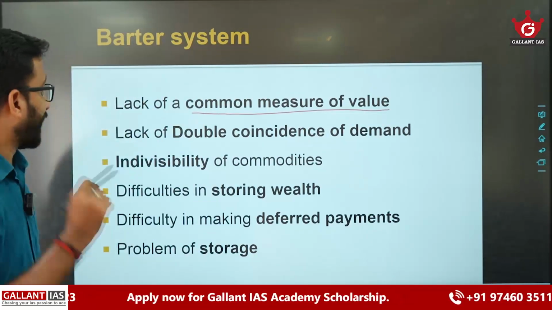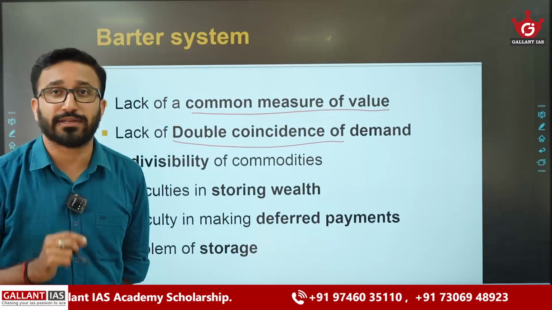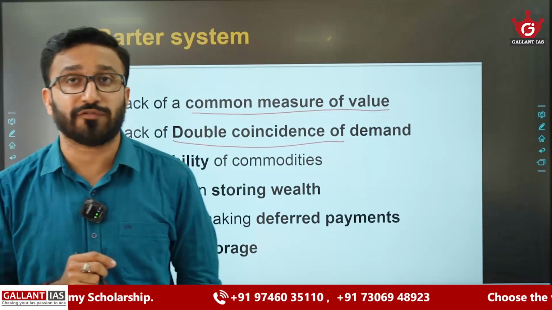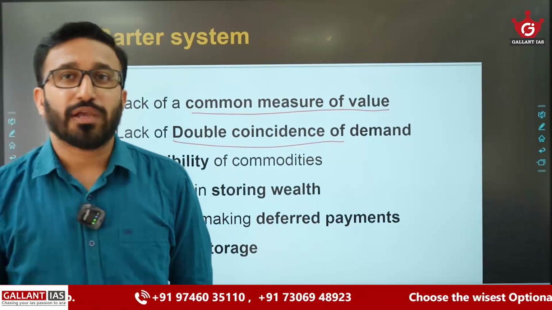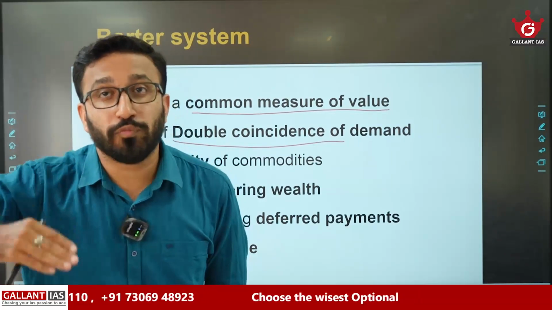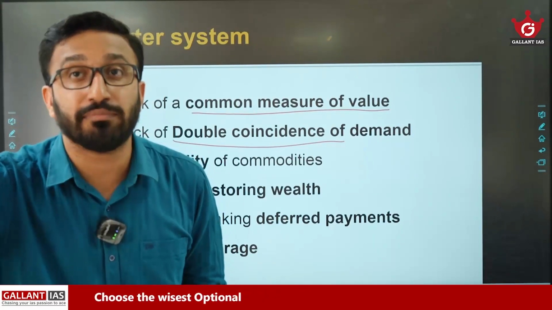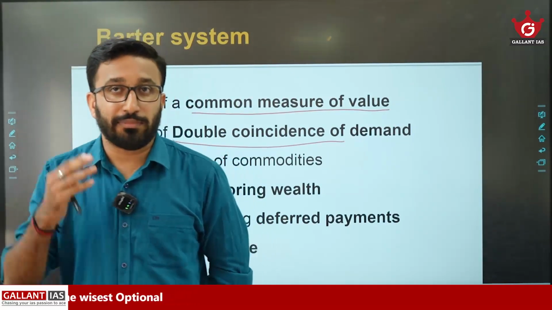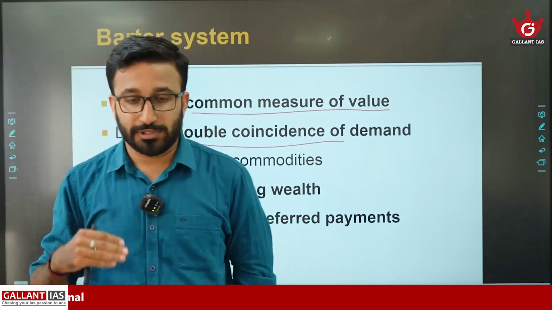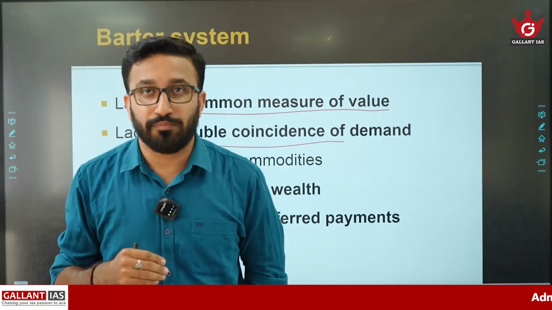Okay. So next thing is lack of double coincidence of demand. So that means I should have a demand and the person with whom I exchange the commodity should also have a demand. Let me come to the previous example. Suppose I am having a goat and he is having some rice with him.